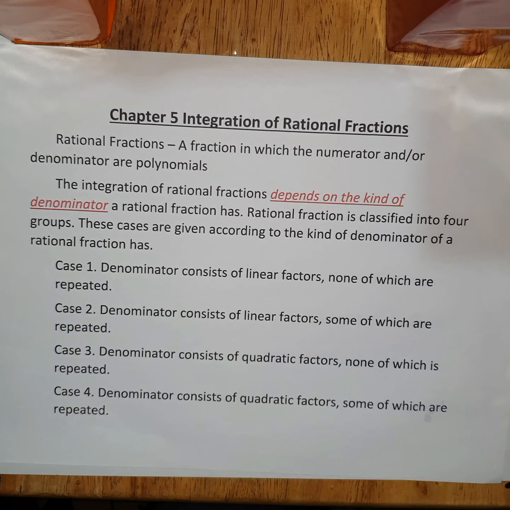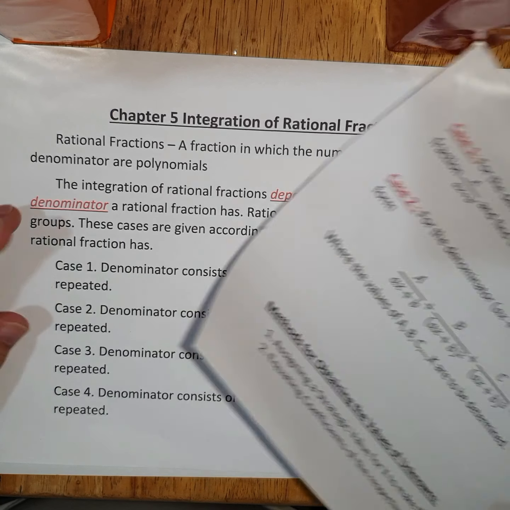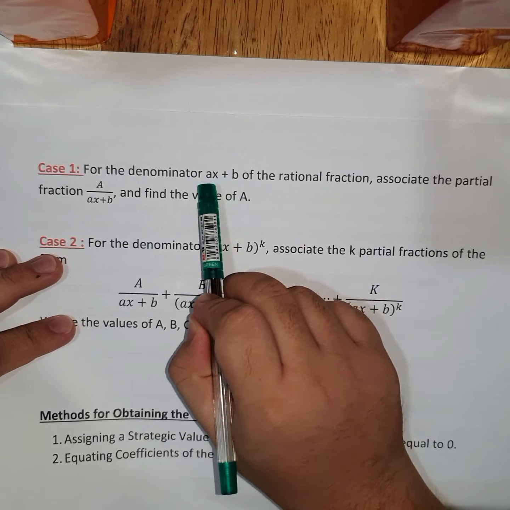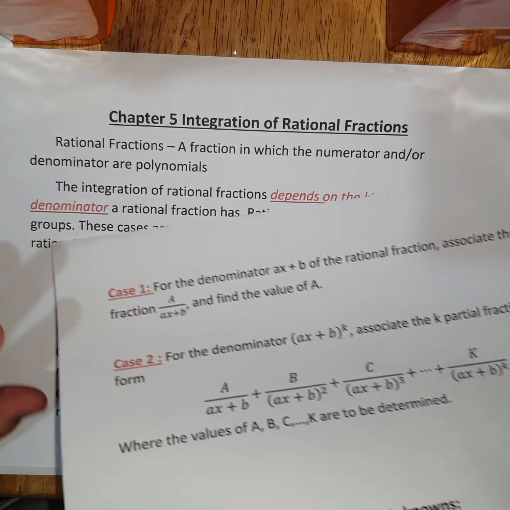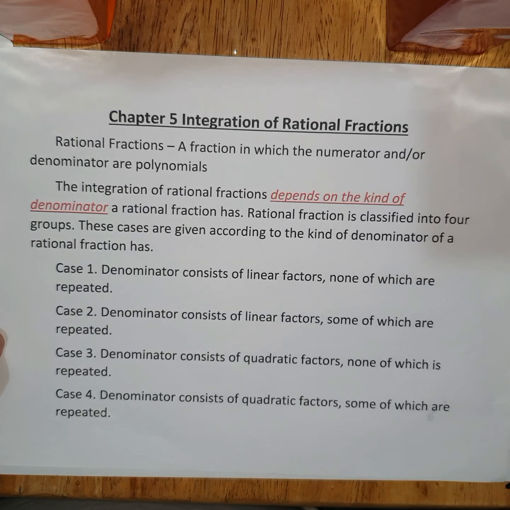Okay, so as I've said, yung linear factors, these are equations na nag-appear sa form na ax plus b. Okay, so dito nakikita nyo, ax plus b. So ito yung mga factors o linear factors na hindi na pwedeng i-reduce o i-factor out further. Okay. So, yun yung i-discuss natin for today, yung case 1 and case 2.